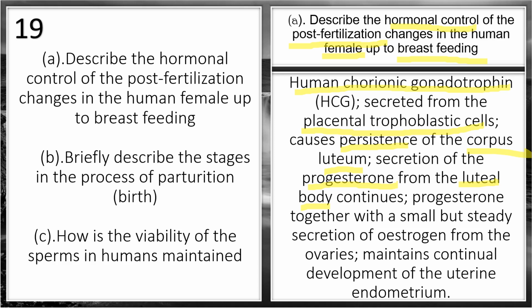Progesterone, together with small but steady secretion of oestrogen from the ovaries, maintains continual development of the uterine endometrium.